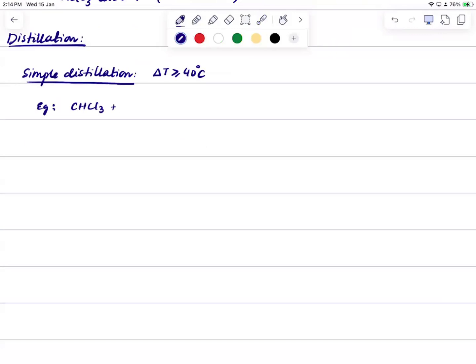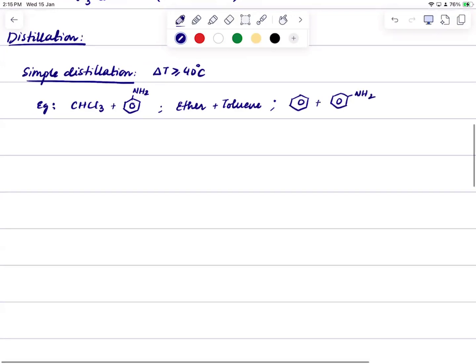Chloroform plus aniline can be separated using simple distillation. Ether plus toluene, simple ethers. Then benzene plus aniline can also be separated out. Their boiling point difference is high.